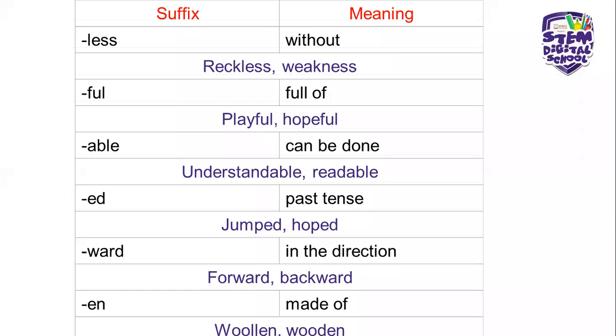Ed is past tense. That's one we use a lot. Like every time you say I jump, and then when you want to tell somebody, yesterday I jumped or I hoped. So the ed suffix is something you use a lot. Ward means in the direction, like forward or backwards, anything like that. En means made of, like woolen or wooden.